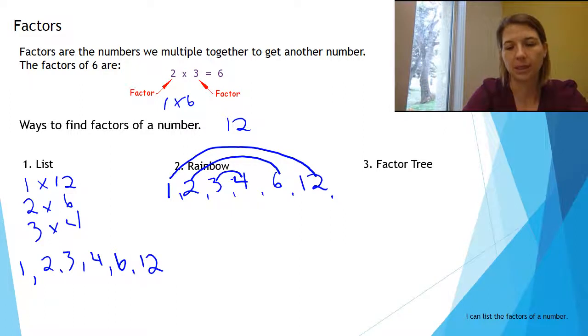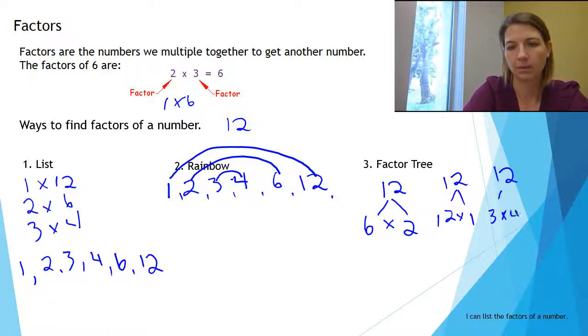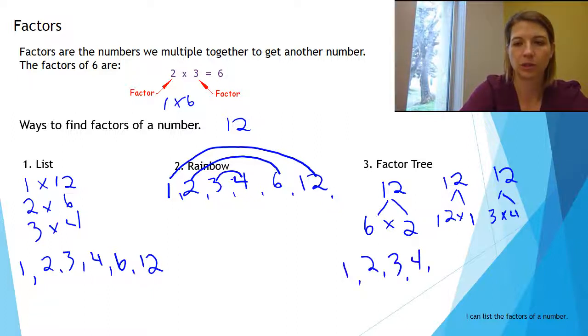Another method is a factor tree. We can list 12 and then all the factors. 6 times 2, 12, 12 times 1, 12, 3 times 4. And we get the same list each time, whichever strategy we use.